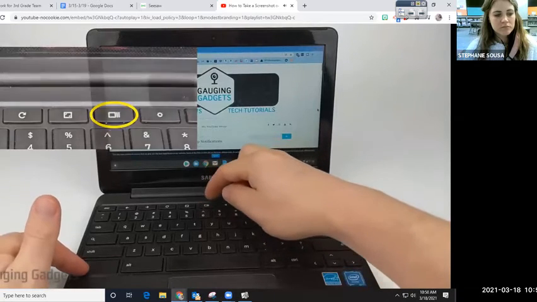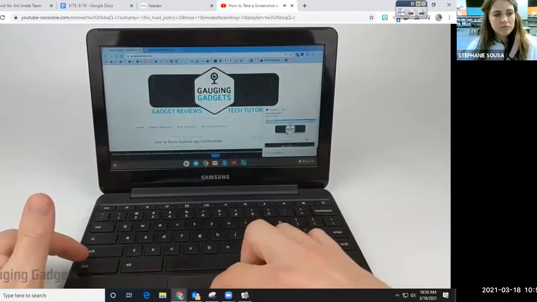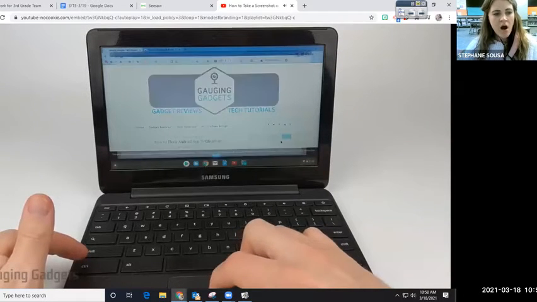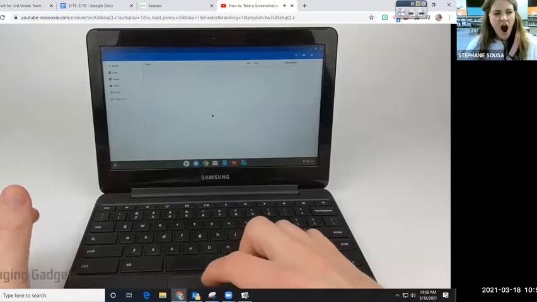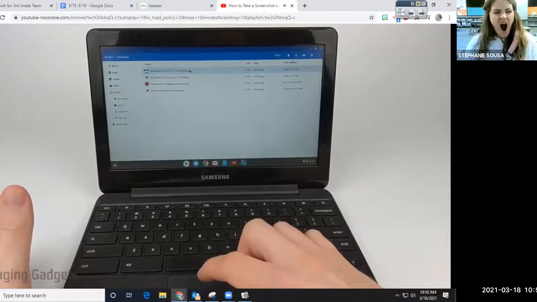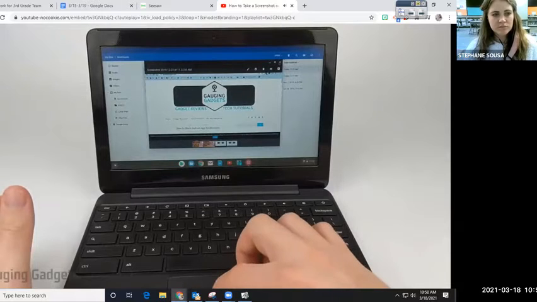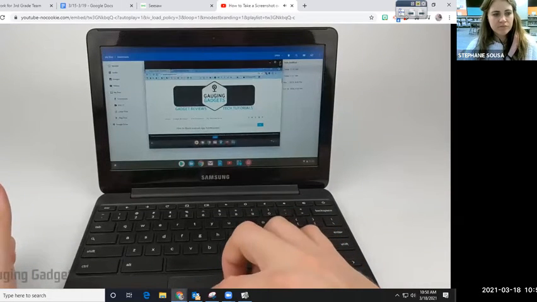So we'll select control and then that button. And then as you can see right here, a screenshot was taken and the full screenshot is available. We can open it up and select it and it'll be just like opening up any image.